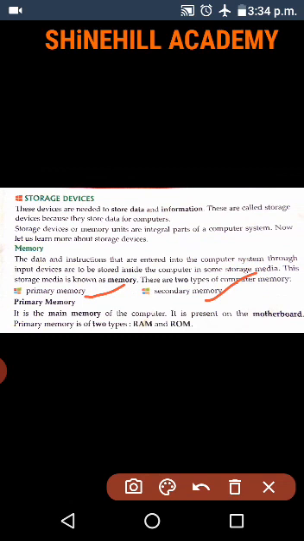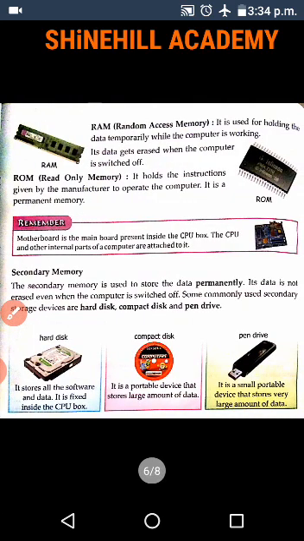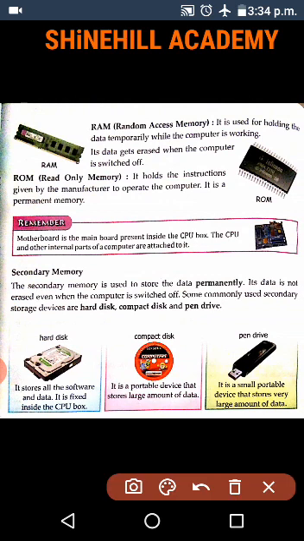Primary memory is divided into two types. They are RAM and ROM. RAM means random access memory. It is used for holding the data temporarily. So RAM is a temporary memory. When you switch off a computer, the data are erased in the RAM.